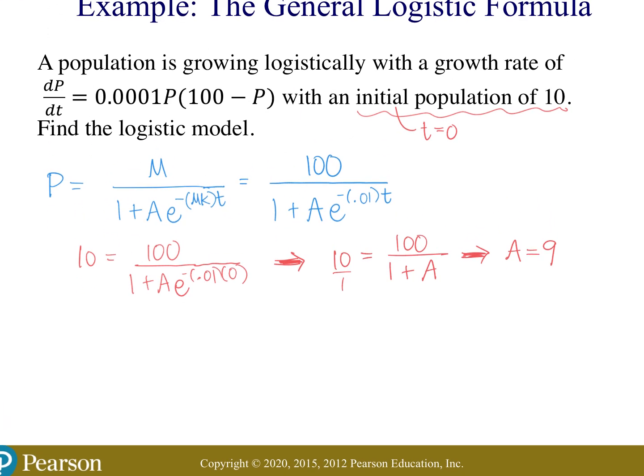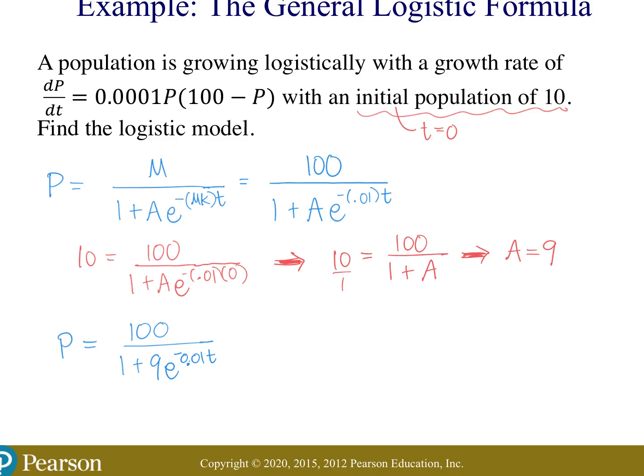I could say my growth model answer is going to be P equals 100 for M, 1 plus 9 for A, e to the negative 0.01 T.